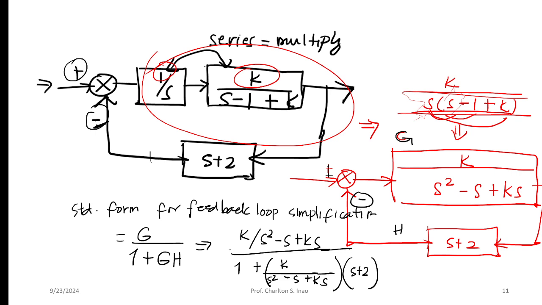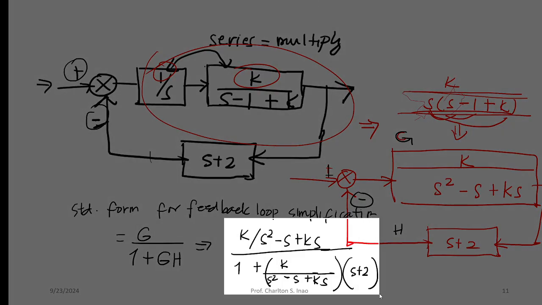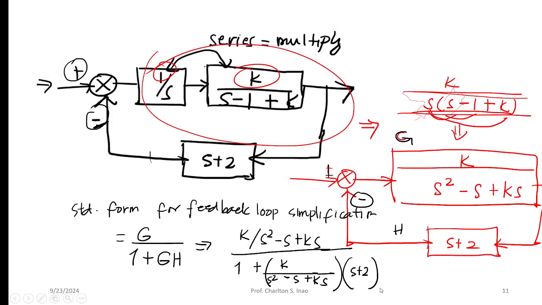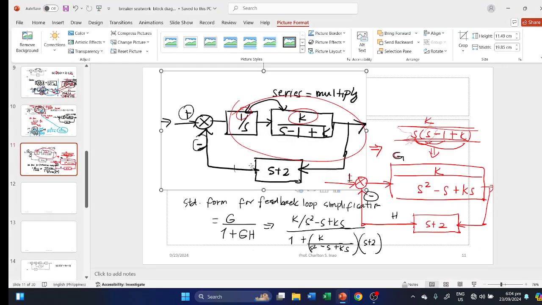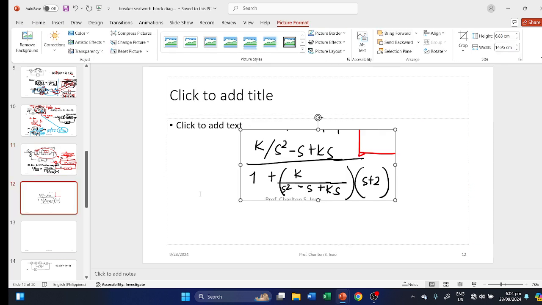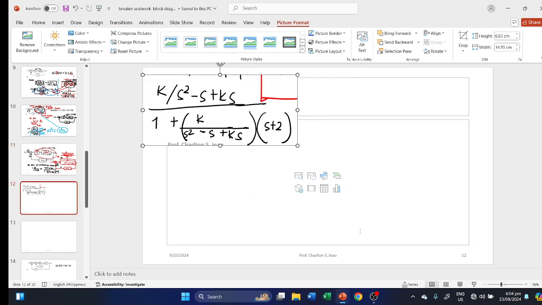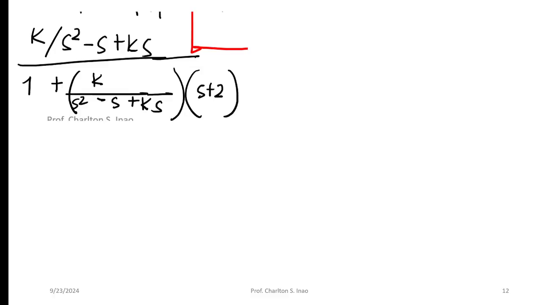Okay? So how do we simplify this? So we see this S squared minus S plus Ks and here, right? So we are going to multiply that with the numerator and the denominator so that we can eliminate that expression. So we're going to copy this. We're going to put it here. We're going to put it here. Okay.